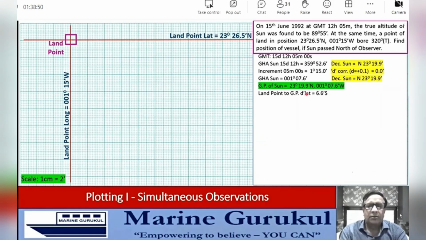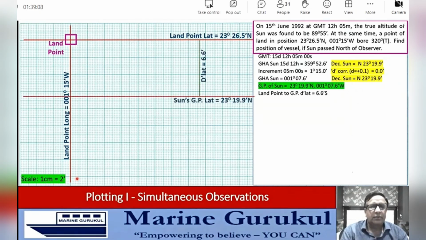Now the land point to GP, D lat is 6.6 minutes south. That means the parallel of the GP shall be 6.6 minutes south of it. And since we have chosen this scale of 1 centimeter equal to 2 miles, this is where we have the parallel of latitude for the GP of the sun.